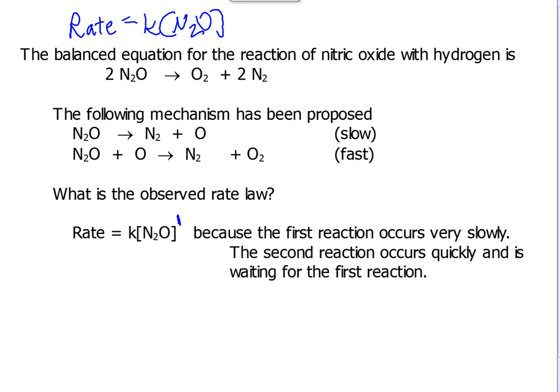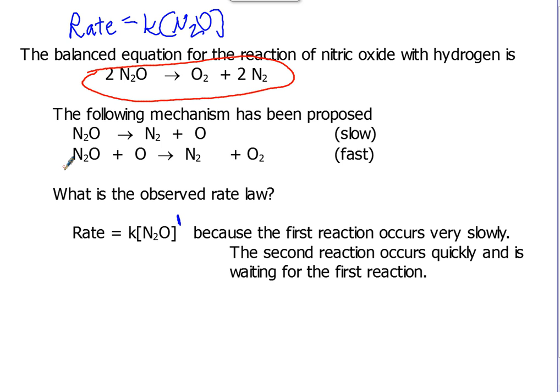So I can just get your eyes here for a minute. So here's the entire reaction that we see on the outside, and someone has proposed that this reaction occurs in 2 steps.